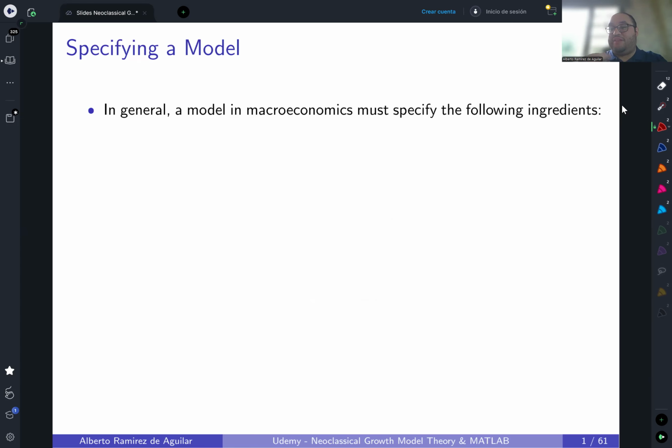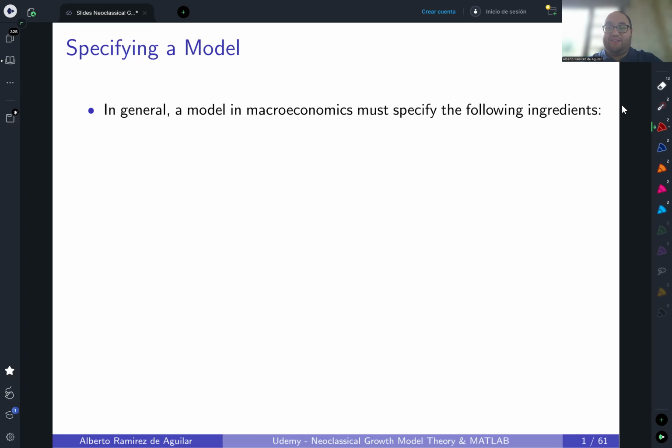Of course, this is going to mean different things in different contexts, but again, I'm going to be focusing on macroeconomics just because that's the objective of the course. So in macro, whenever we say a model, we usually mean a framework that has the following ingredients.